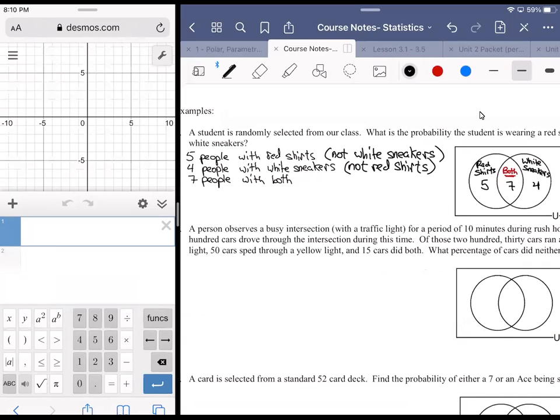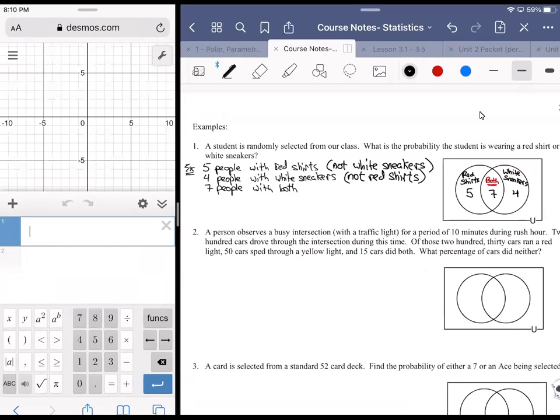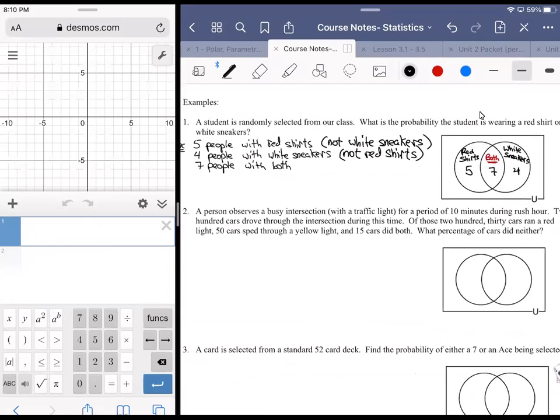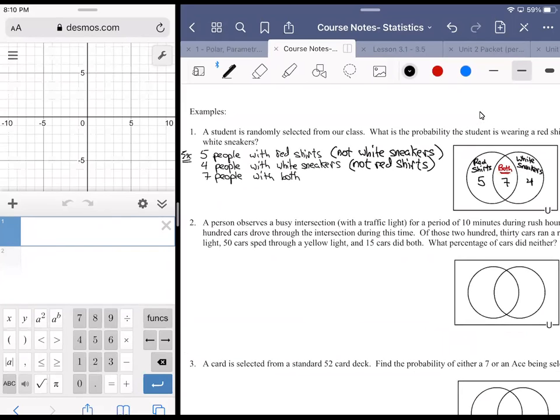Right. So if I want to have the probability that a person is wearing a red shirt or white sneakers, then it's the sum of all of these different things, because it accounts for each possibility, right? Because remember, an or sentence is true if either part of it is true, right?